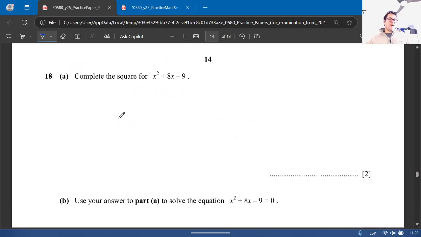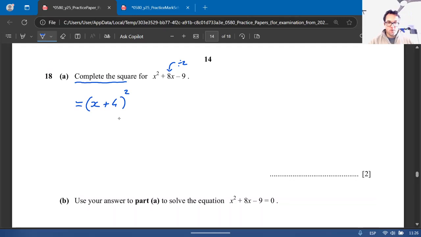On to question 18. We need to complete the square. You need to remember the steps for this. Completing the square, we make brackets, put the x, then you take the b value and divide it by 2. It gives you 4. Now you put the square there.